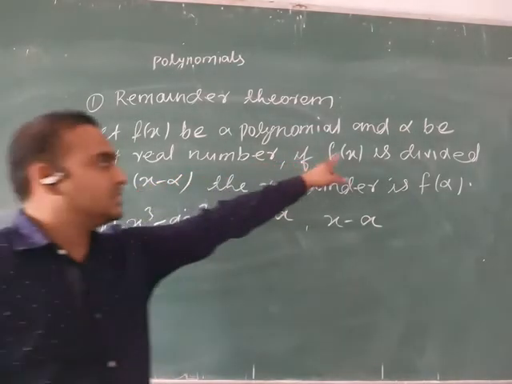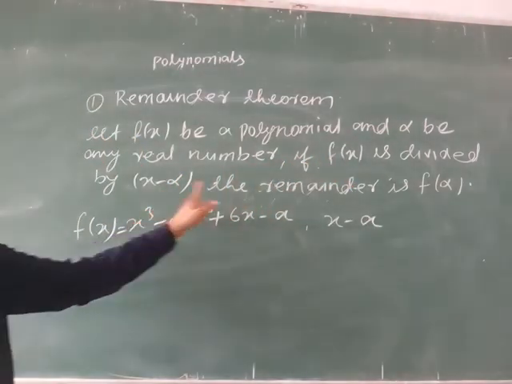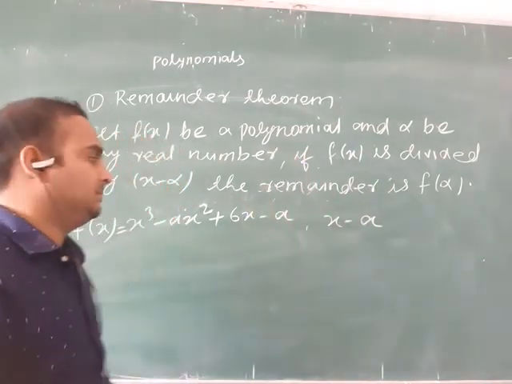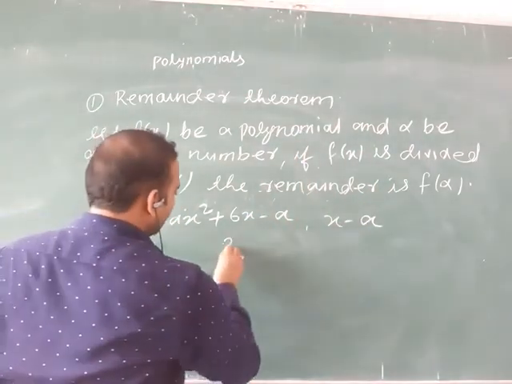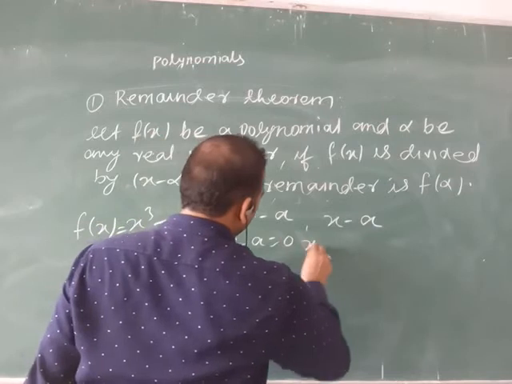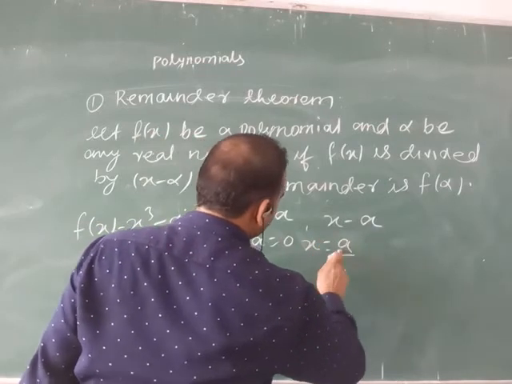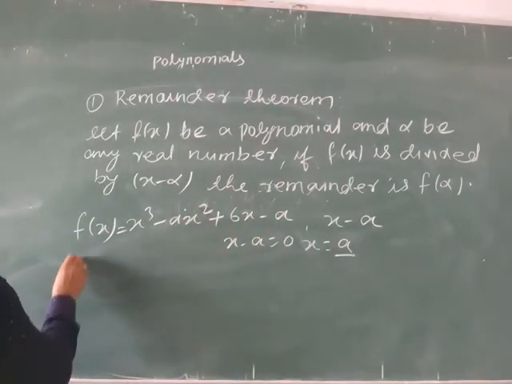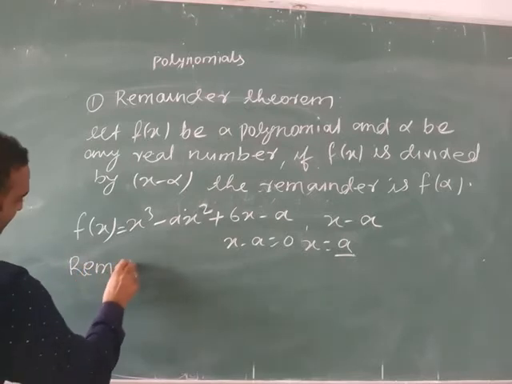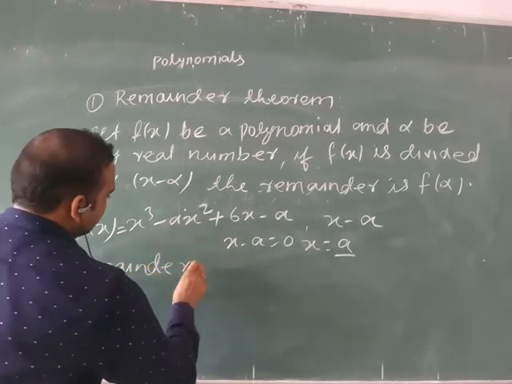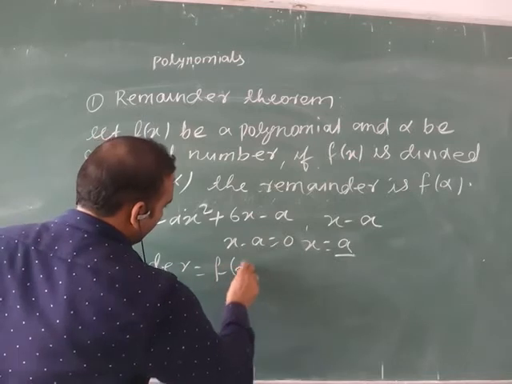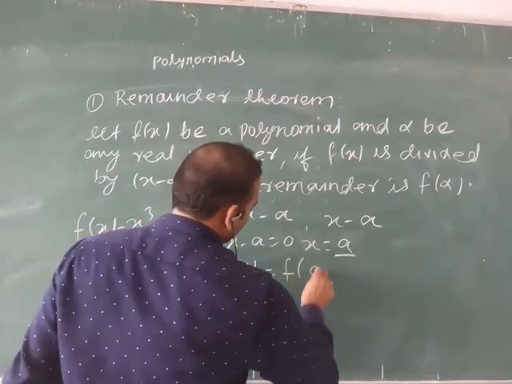When f(x) is divided by x minus alpha, the remainder is f(alpha). As x minus a equal to 0, x equals a. Here alpha is a. Remainder is f(alpha), that is f(a).